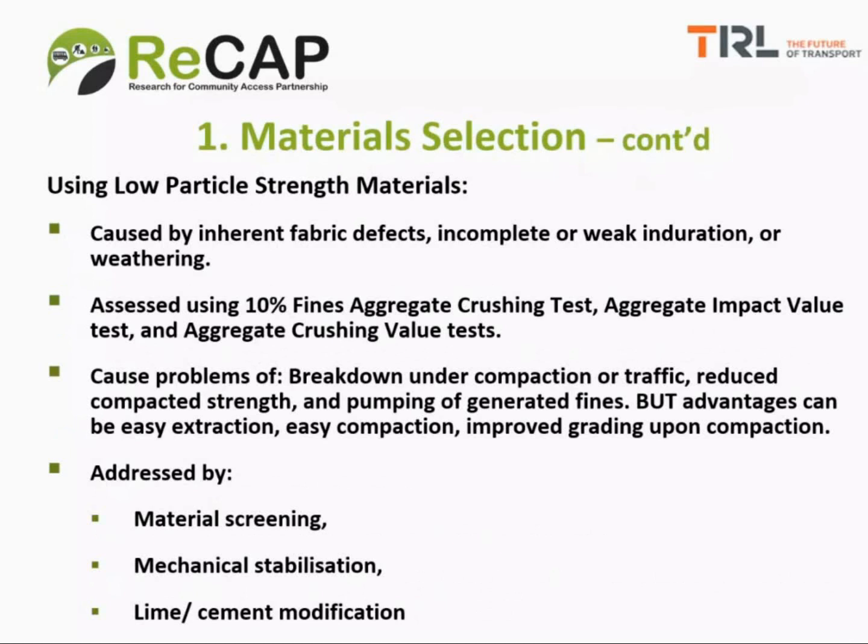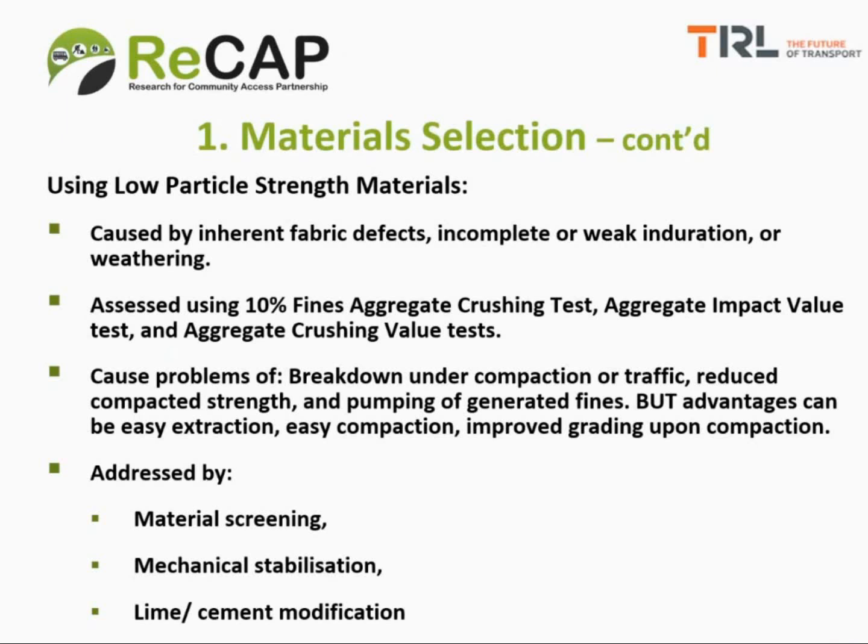The other type of materials that you need to consider are materials with low particle strength. And low particle strength is often caused by inherent defects in the fabric of the material, such as foliation.